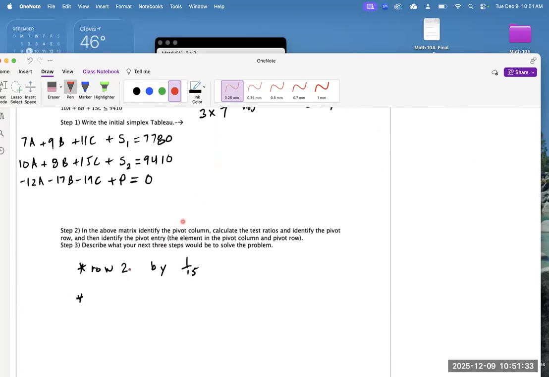So that's what we want to do. You want to take row 2, multiply by negative 11, then add to row 1.